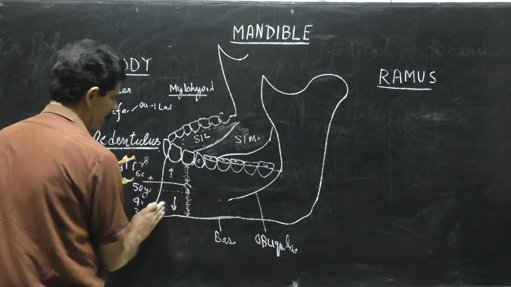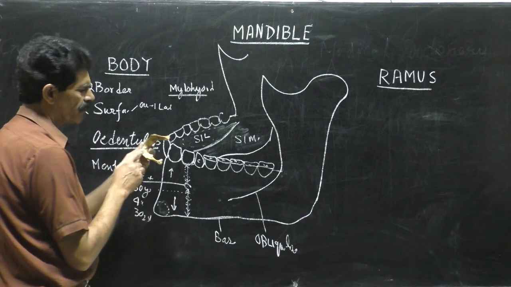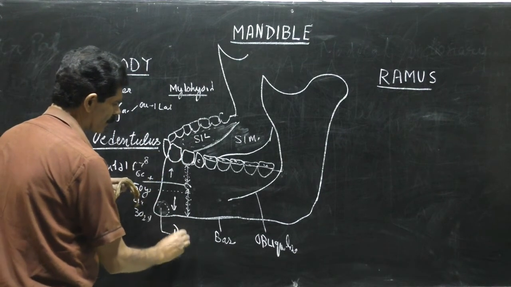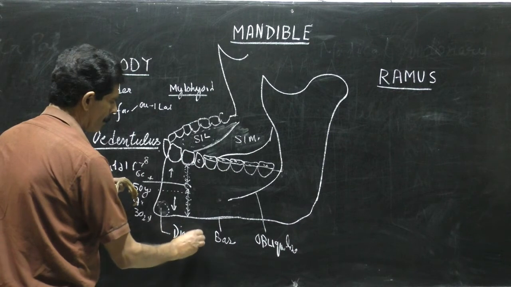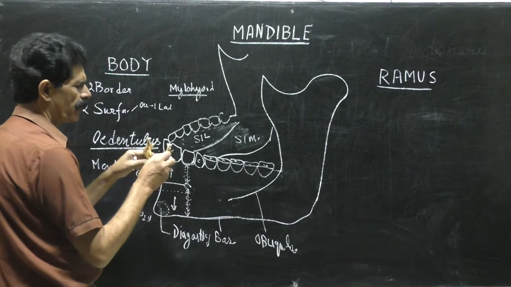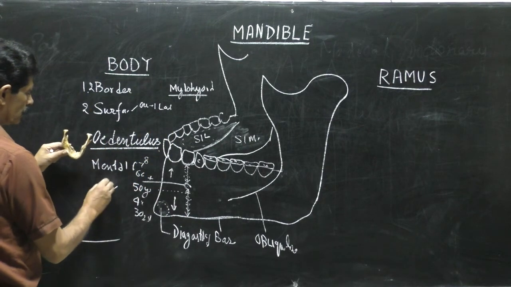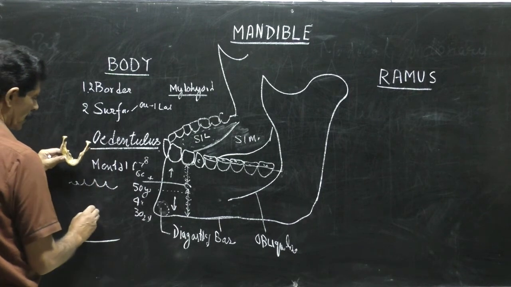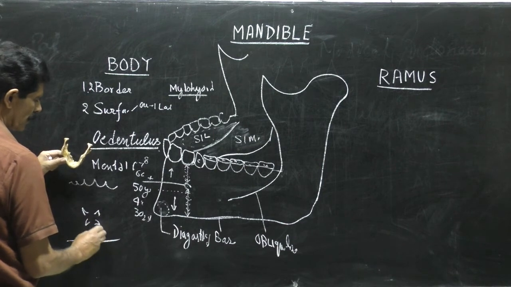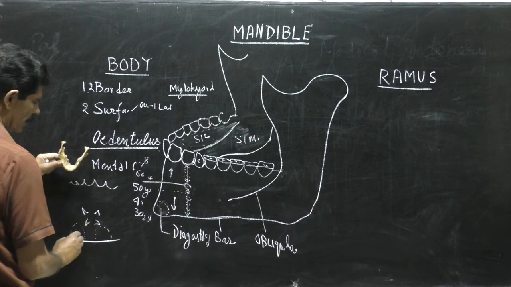Just near the lower part of the chin of the mandible, somewhere here, there is a fossa which is called the digastric fossa. If we see the mandible from inside, there are two pairs of genial tubercles, and below them we find the digastric fossa on either side.